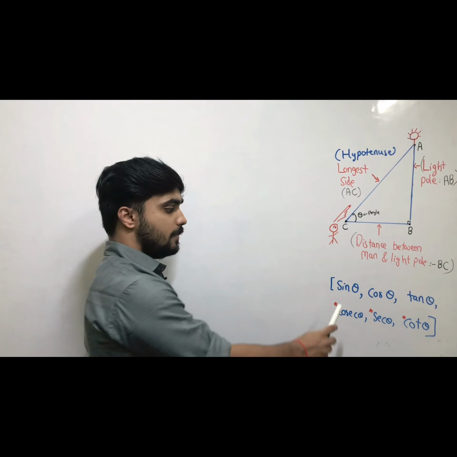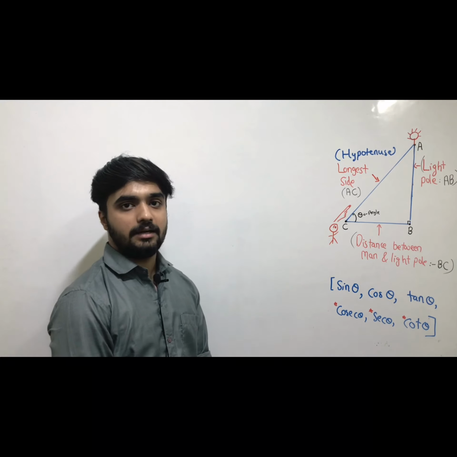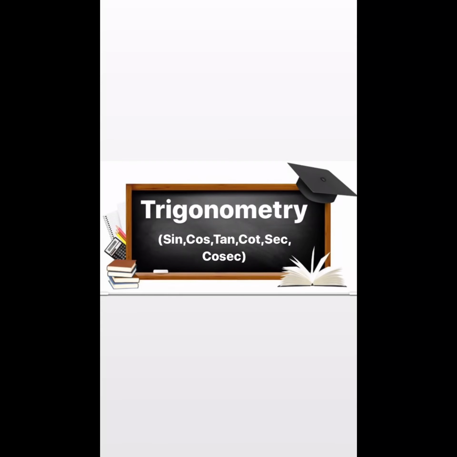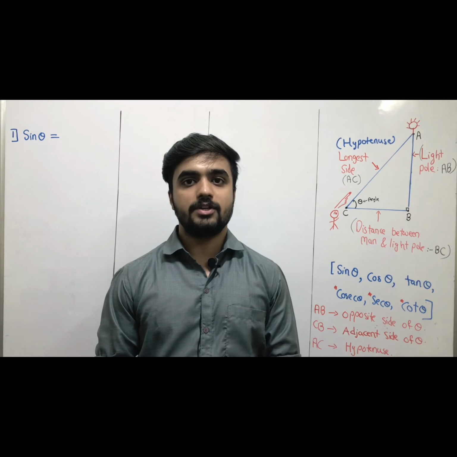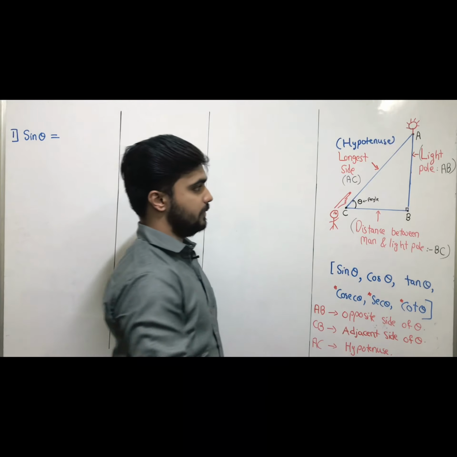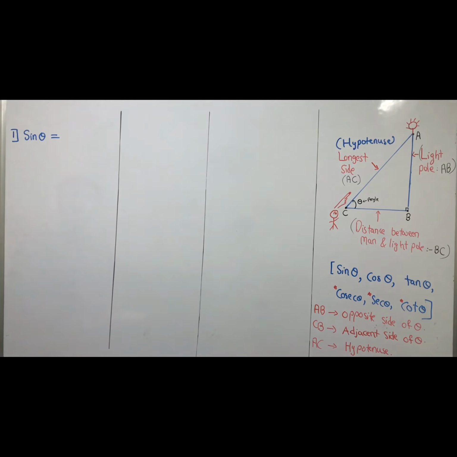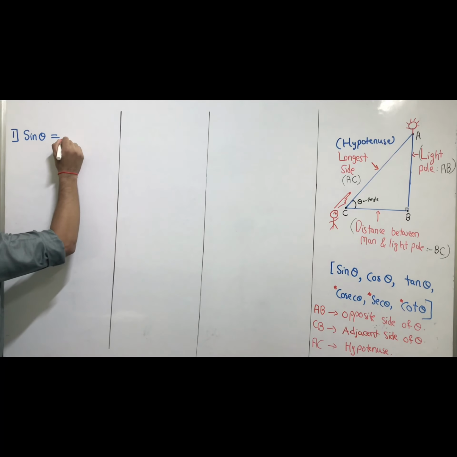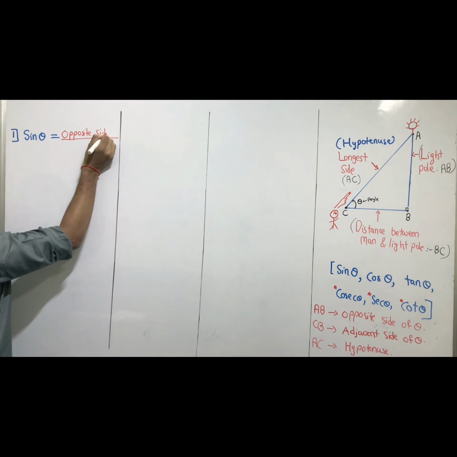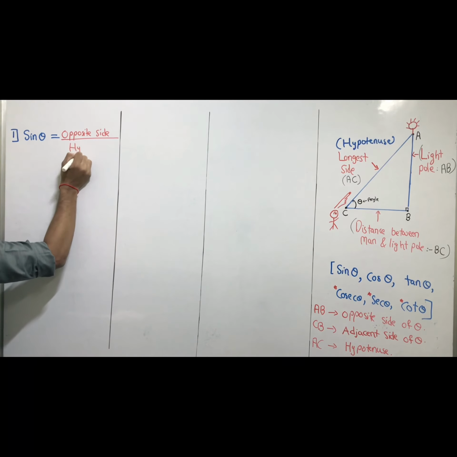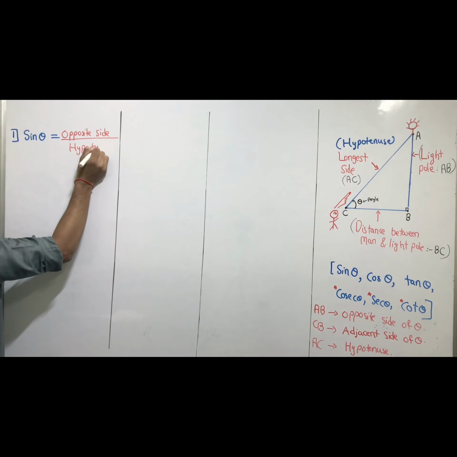So our first trigonometric function is sin theta. Okay. So formula for sin theta is opposite side of theta upon hypotenuse.